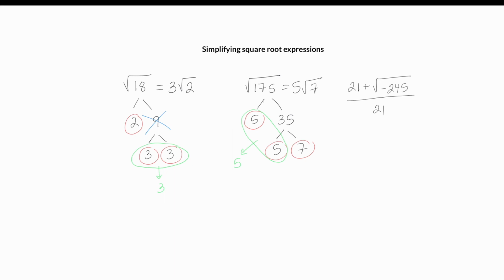For this last example here, I will first do the work that I have been doing with 18 and 175, but I will do it with this square root of negative 245. So for the square root of 245, I will actually keep it positive just for the time being, and then we'll go back to the fact that it was negative. So 245 consists of 5 and 49.